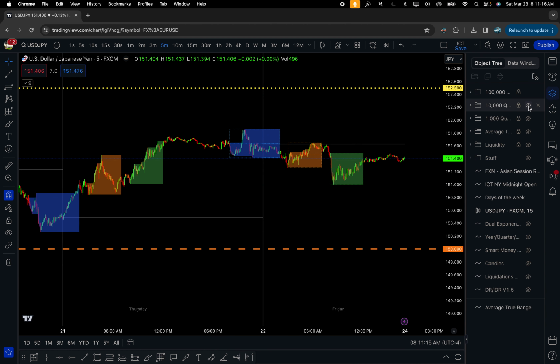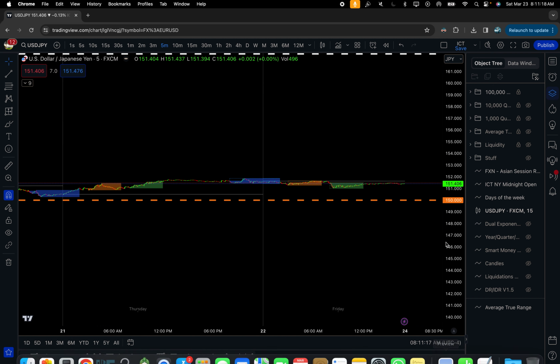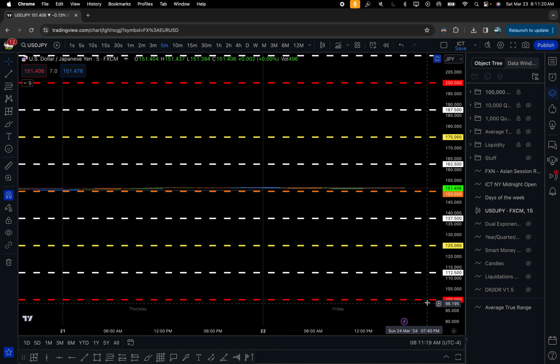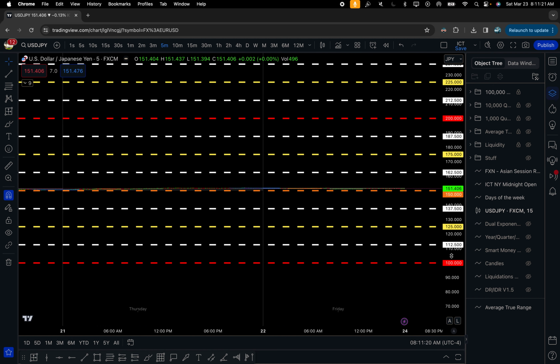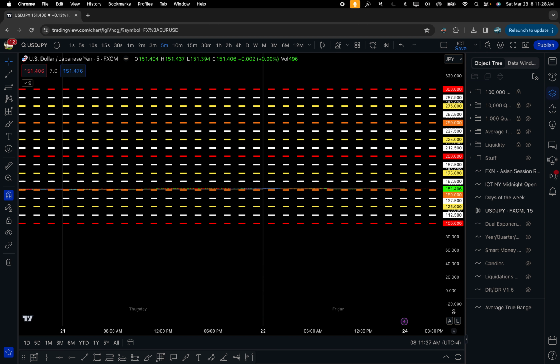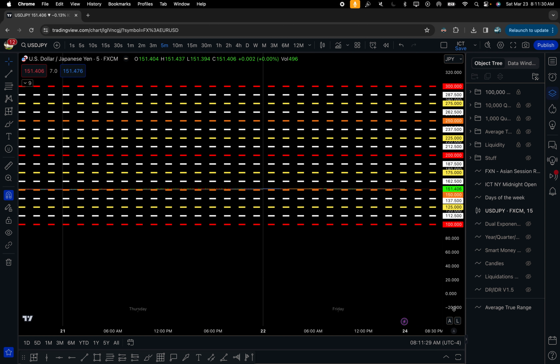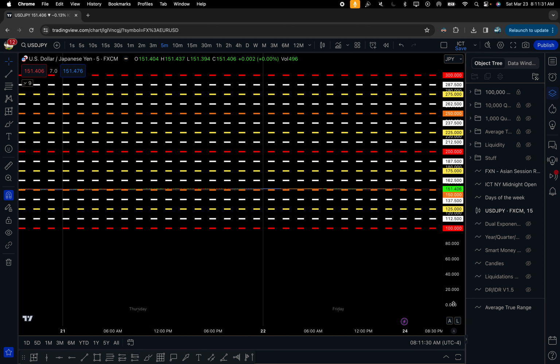Basically, these are the big levels. 100, 200, 300, and then just everything divided in half. See that?